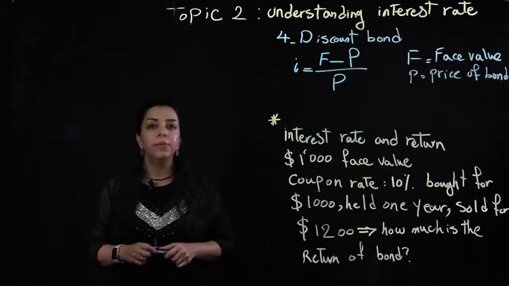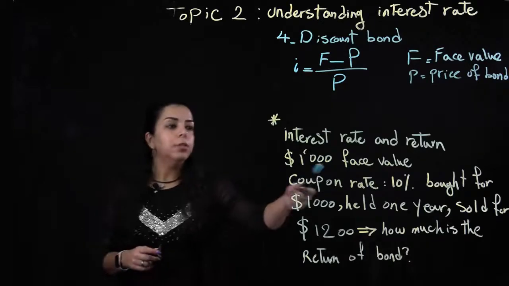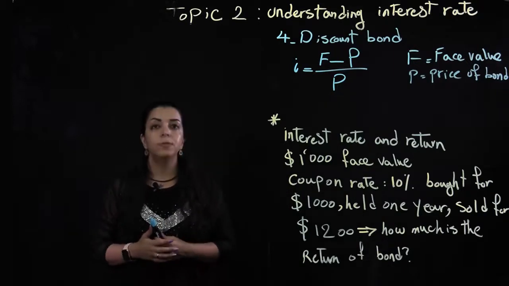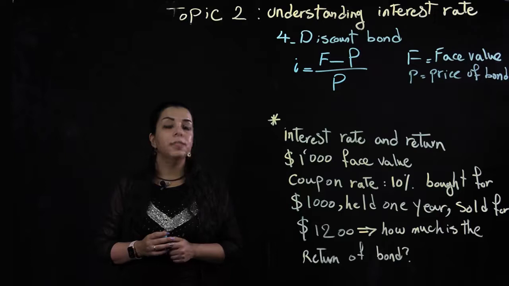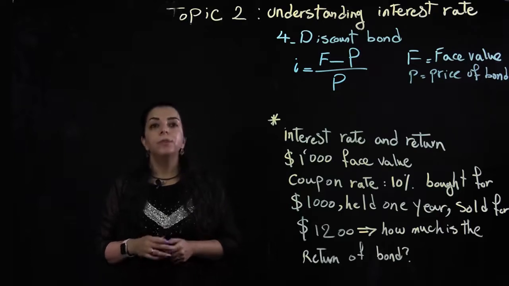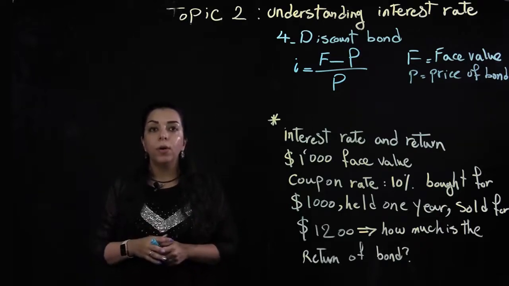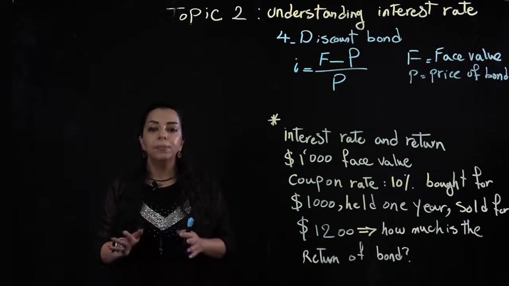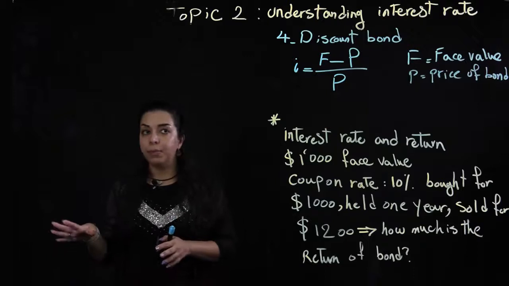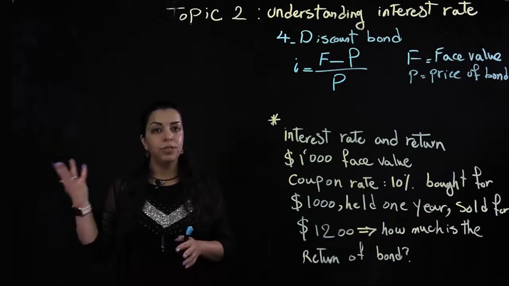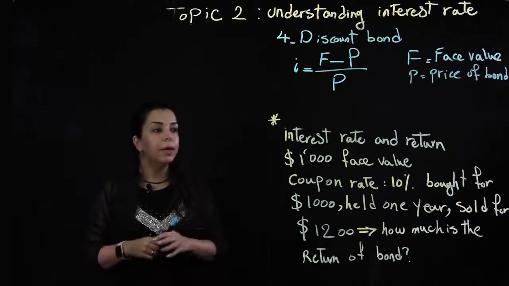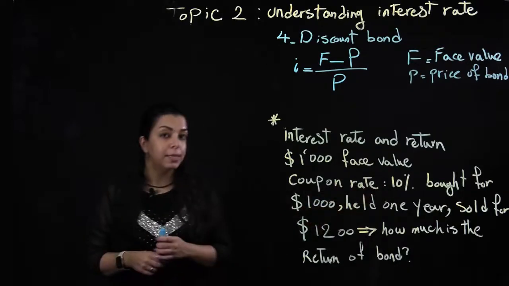For example, the person is holding a bond with a face value of 1,000 and an interest rate of 10%, and the interest rate in the market has increased to 20%. Can the person say, I don't care what is happening to the interest rate, whether it has increased or decreased, I am happy that I am earning this 10% annually?